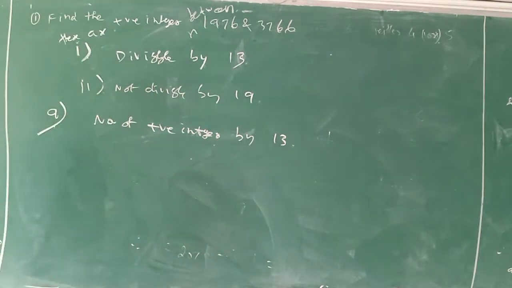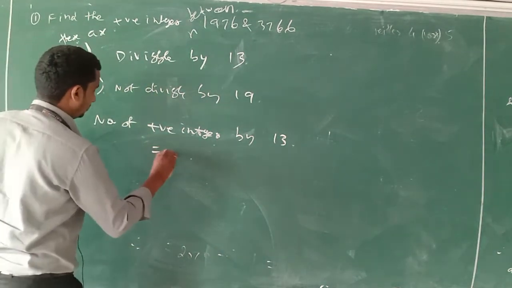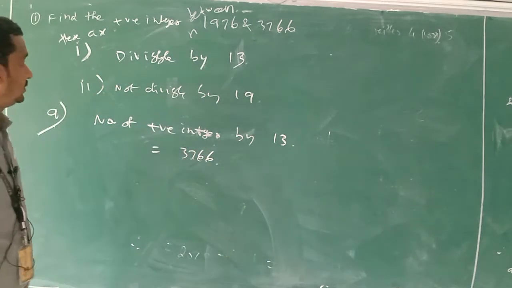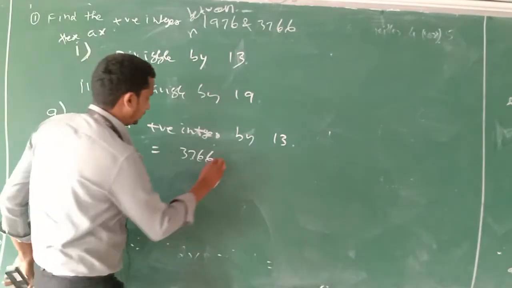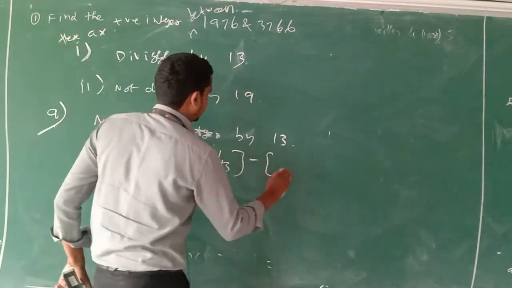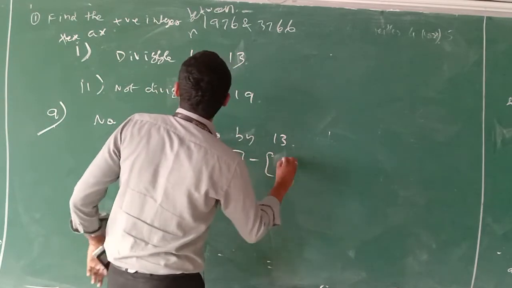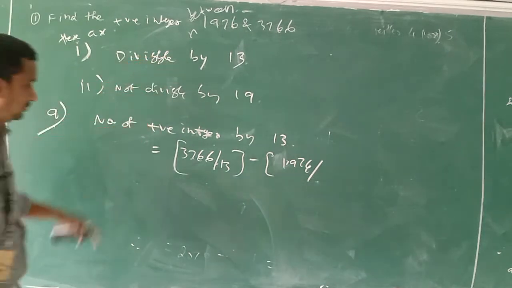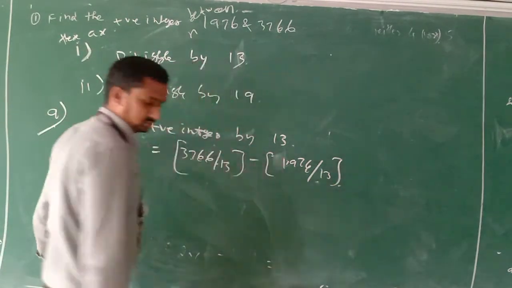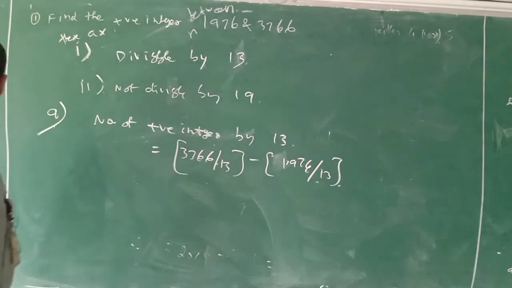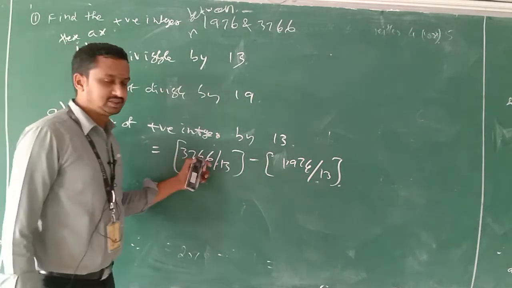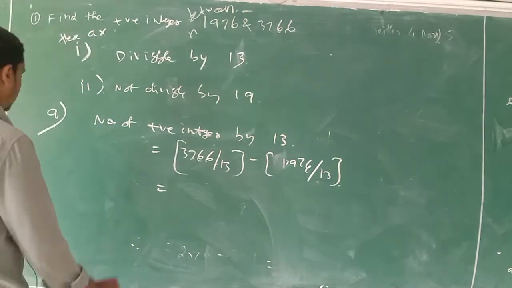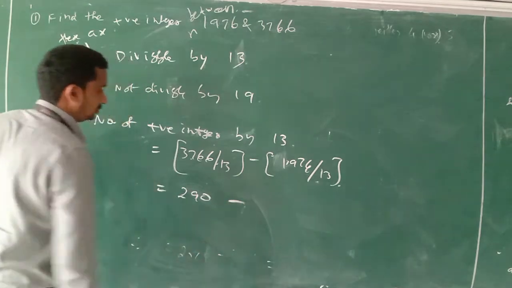So the number of positive integers divisible by 13 equals 3766 divided by 13, minus 1976 divided by 13. Simplifying, we get approximately 290.